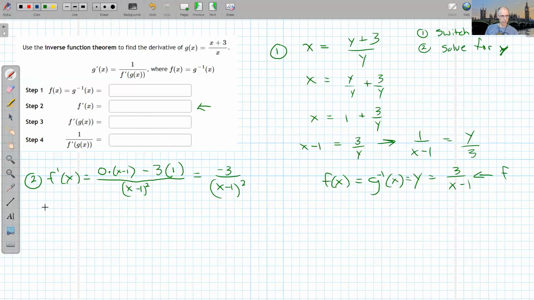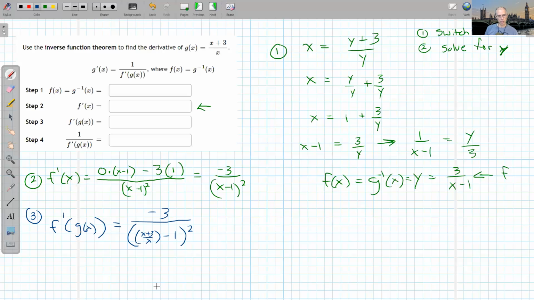Step 3 would be to say, okay, take that derivative and plug in g of x instead of x. All right, so that means for my negative 3 over parentheses squared, I want to drop in, instead of just an x there, the formula for g of x, which is x plus 3 over x.